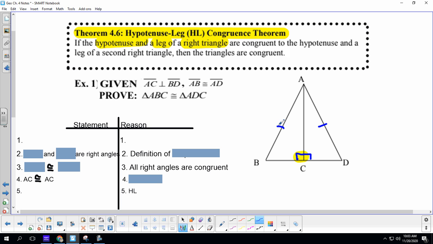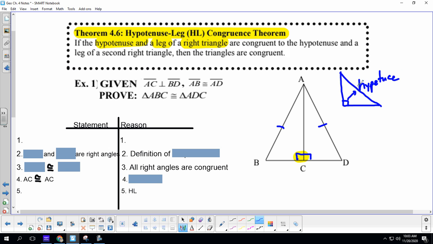So just so that you guys remember, when we're talking right triangles, it is assumed you have this information, but we will add it here.